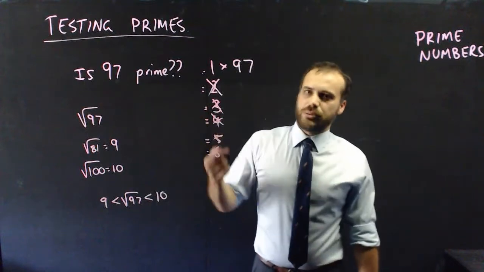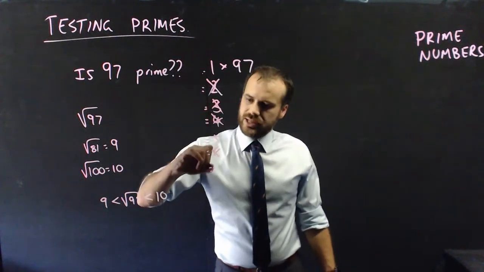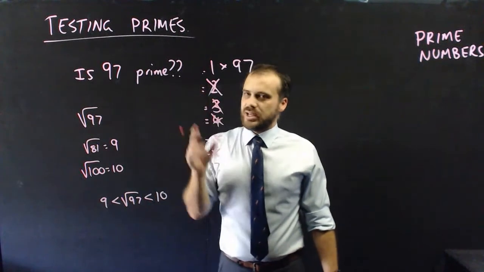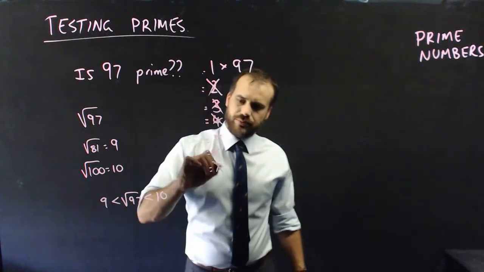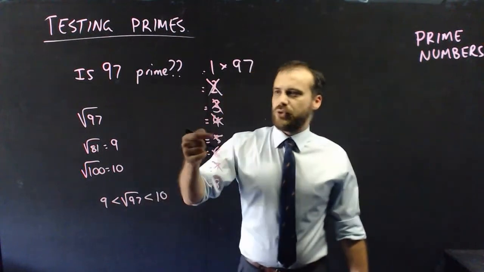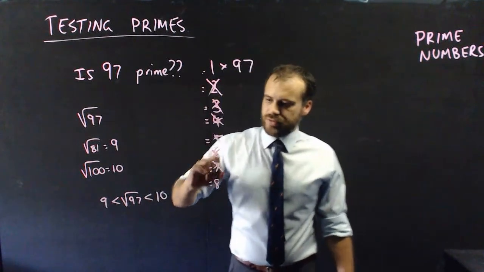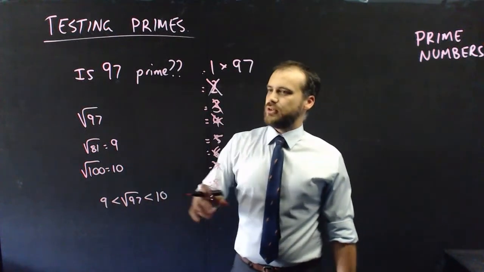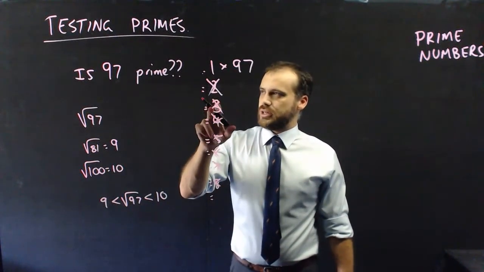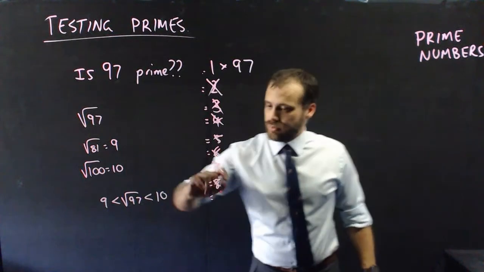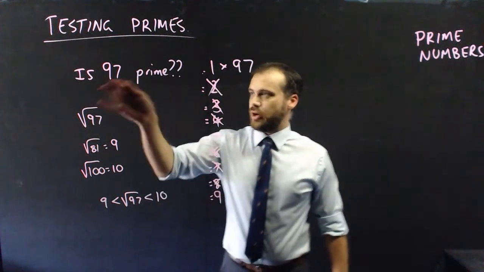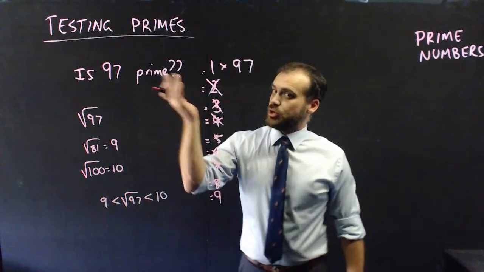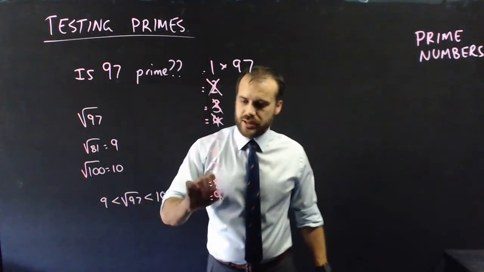6, it wasn't divisible by 3, so it won't be divisible by 6. 7, I don't have a good test for 7, but I will test it out. No, it doesn't work. 8, it wasn't divisible by 4, wasn't divisible by 2. It can't be divisible by 8, obviously. 9, we can do a similar test to the one we did for 3. 9 plus 7 is 16. 16 isn't divisible by 9, so 97 isn't divisible by 9 either.